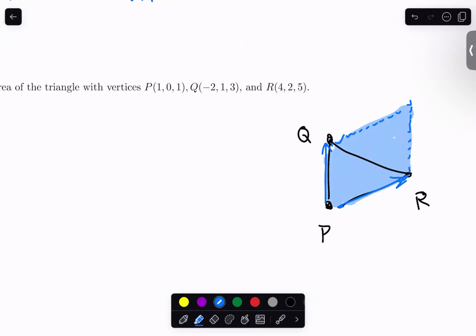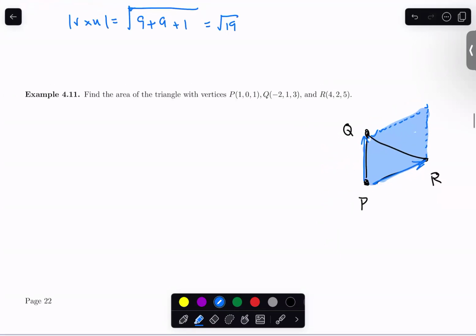It's just a couple extra copies of those vectors, the same sort of parallelogram that we drew when we were doing vector addition in 12.2, for instance. So this would be the parallelogram generated by PQ and PR, those two vectors. We are interested in finding the area of triangle PQR, and we know how to find the area of the parallelogram.